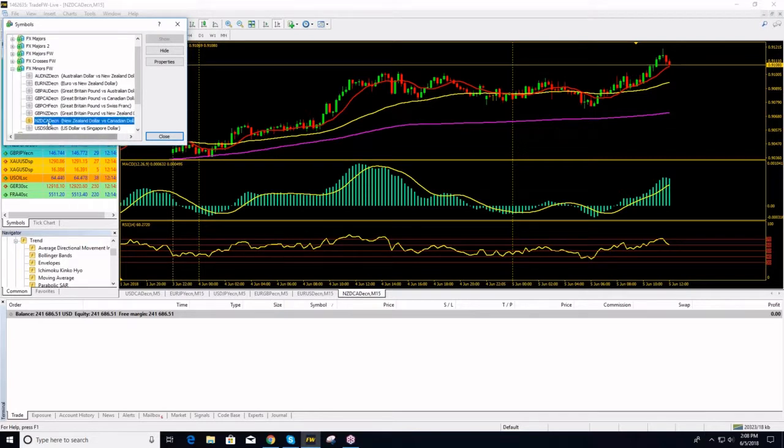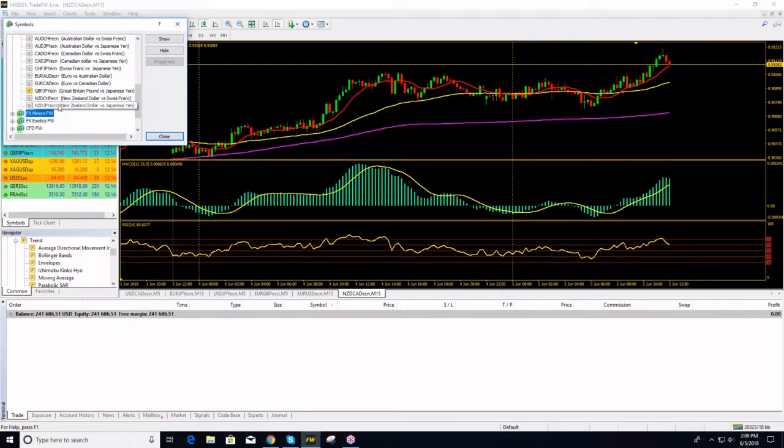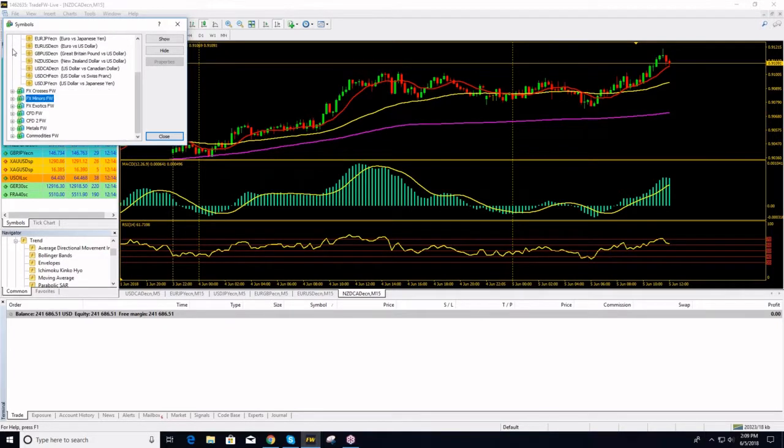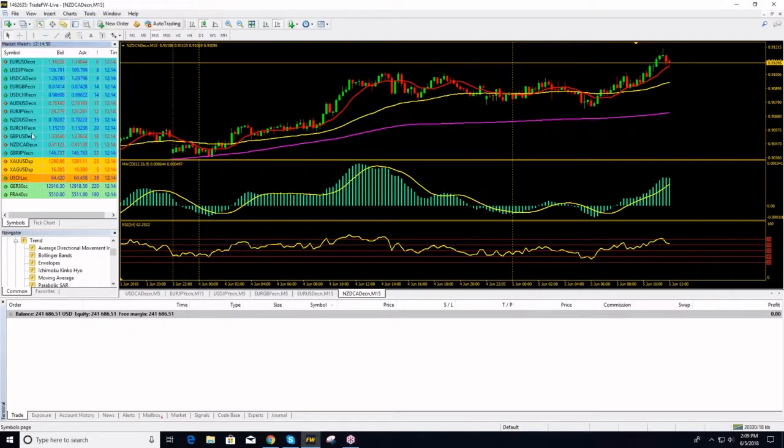Where is it? Crosses. New Zealand USD, the Kiwi. Okay, we have it.